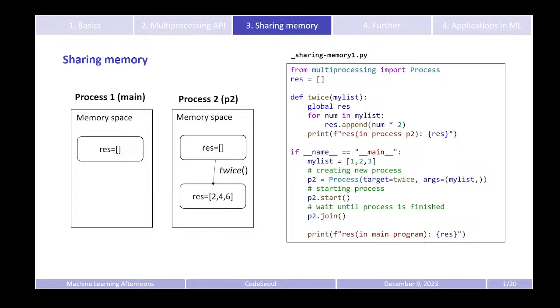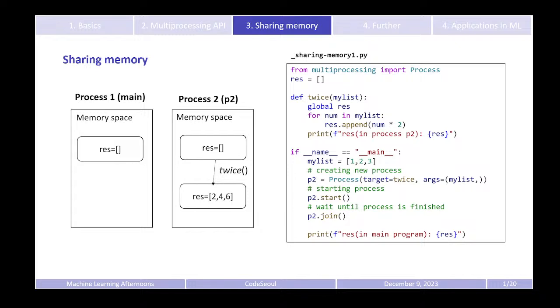Let's try making a simple global variable and appending some element to it from another process. As a result, if you run this code on your machine, you will see that the global variable didn't change. The result in the main process didn't change, and the list is still empty because it was originally declared empty.